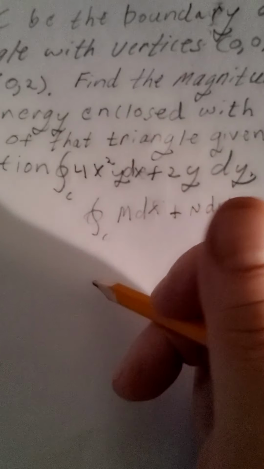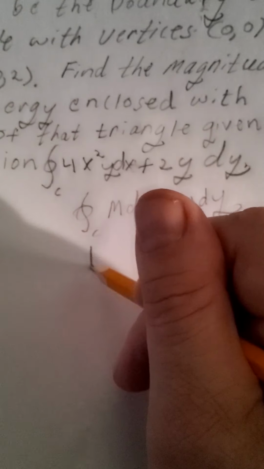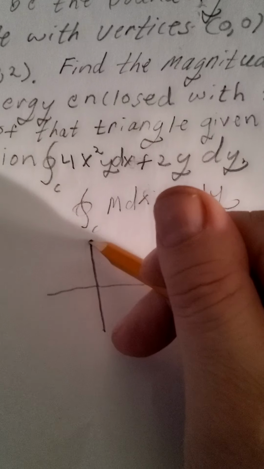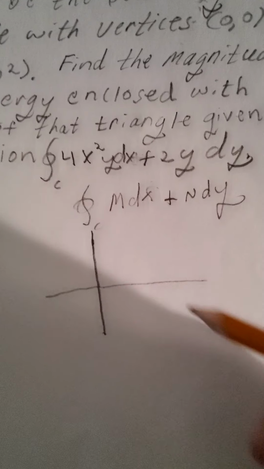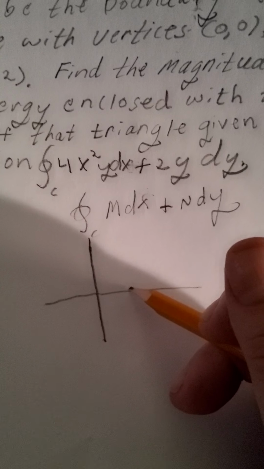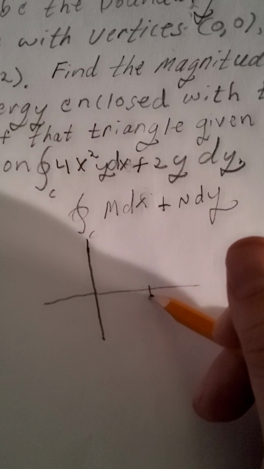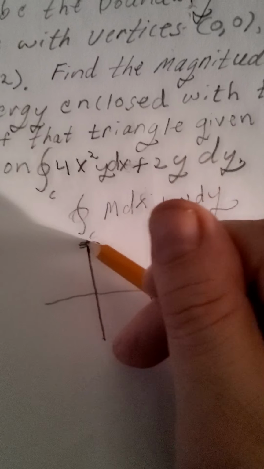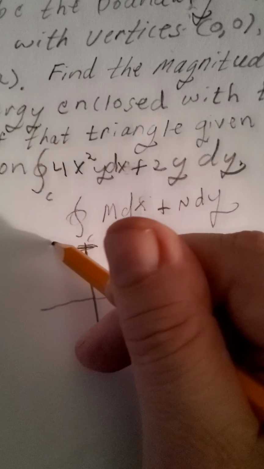All right. So basically, what I'm going to do first is plot the triangle. And I'm going to use two different methods. First, I'm going to do the direct calculation, then I'm going to use Green's theorem. Okay, so let's put our 1 out here, exaggerate it, and let's say 2 is up here.